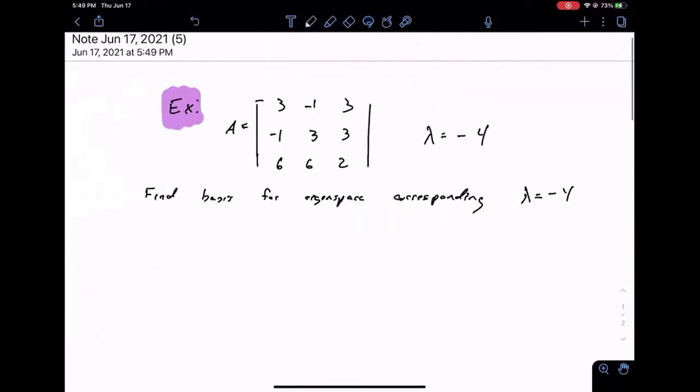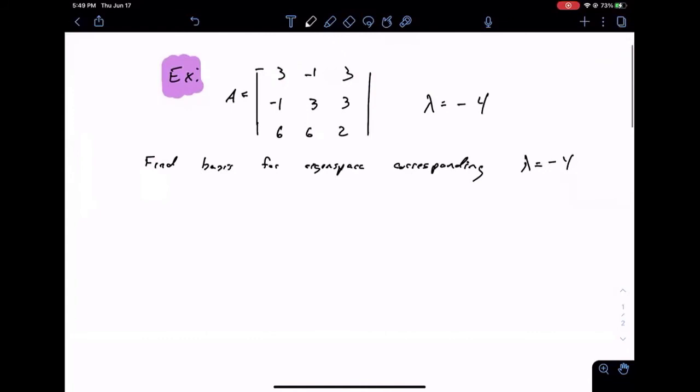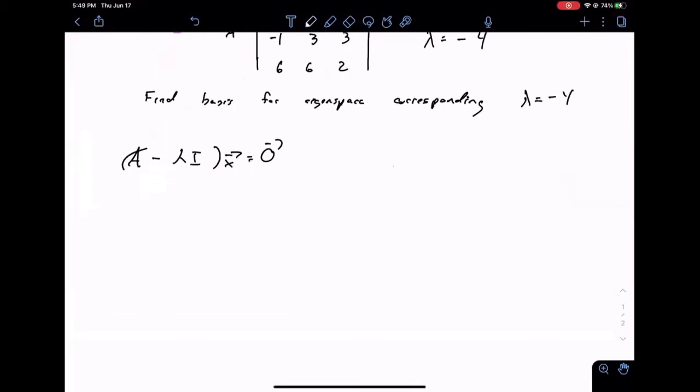So what do I know? I know that my eigenspace is going to be the solution of the homogeneous system A minus lambda I times x equals 0. Well, first of all, what's our lambda?